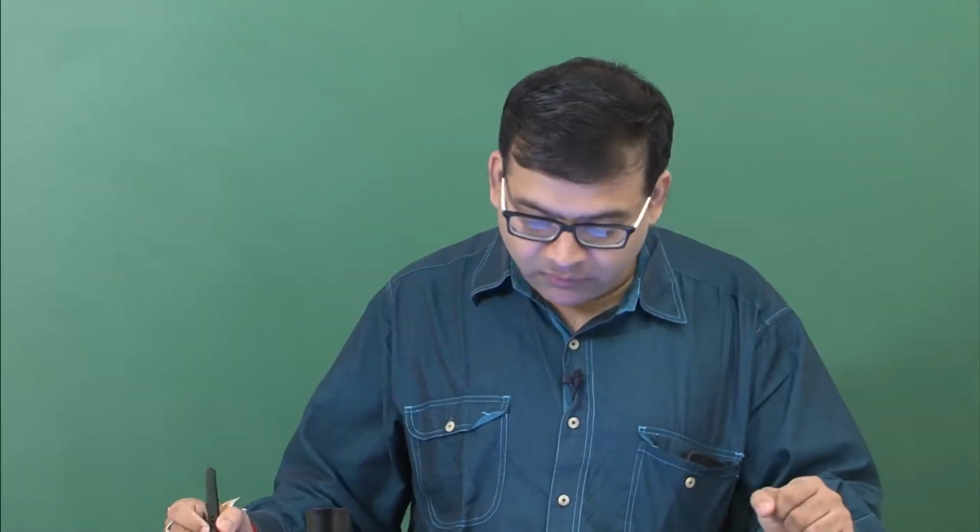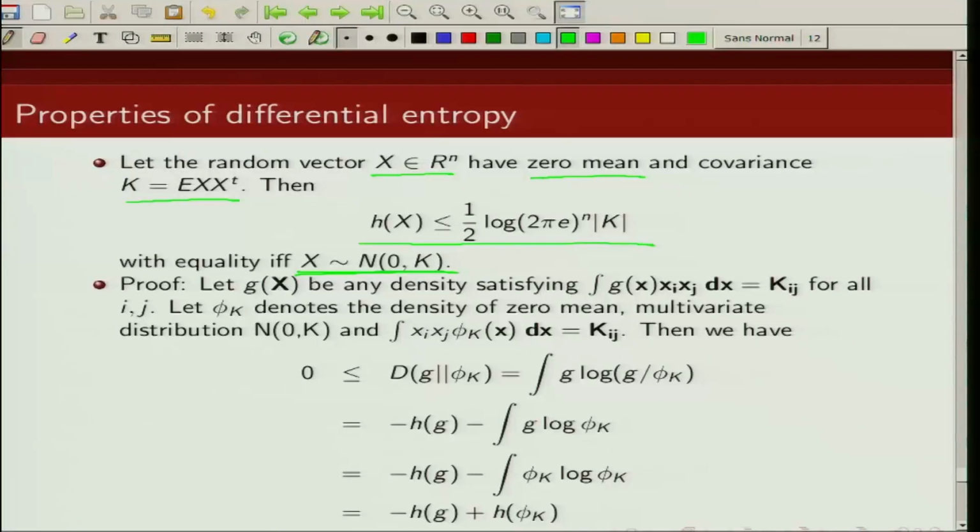Now how do we prove it? We have been given that the mean is 0 and the covariance is fixed at k. So let g of x be a density satisfying this condition. This is basically the covariance. Let phi of x be the 0 mean multivariate normal distribution which has the same second order moment, given by k.